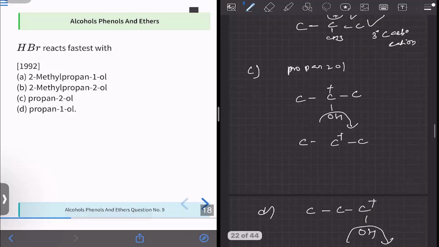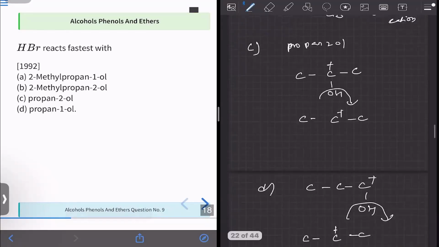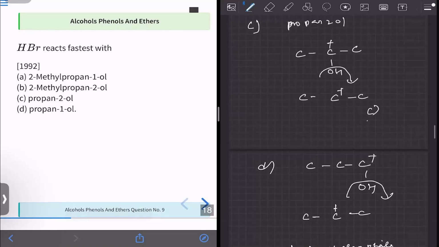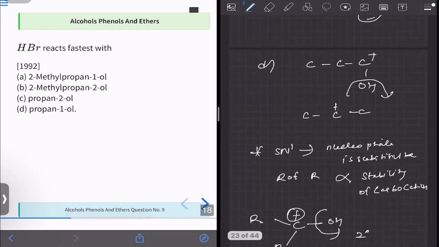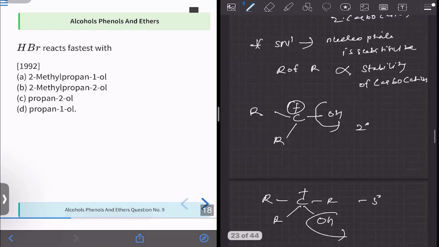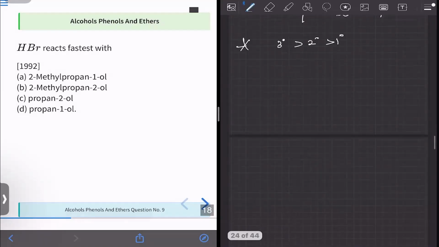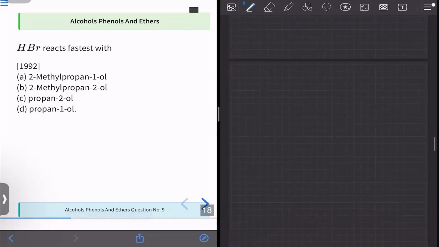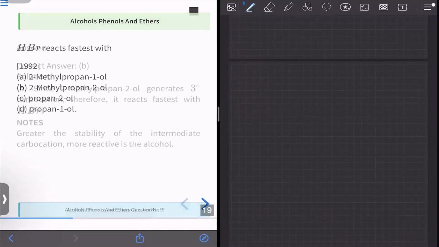In option C, it produces a secondary carbocation, so after option B, option C is the fastest reaction. In option D, after removal of the hydroxyl group, the positive charge on the first carbon shifts towards the second carbon, making it a secondary carbocation. So what is the option? It is option B, the tertiary carbocation. So it will be B.